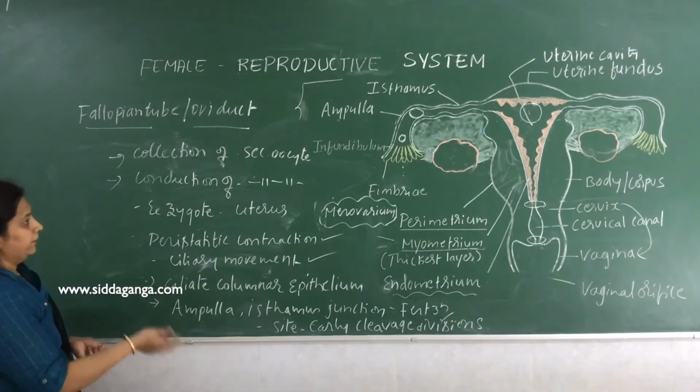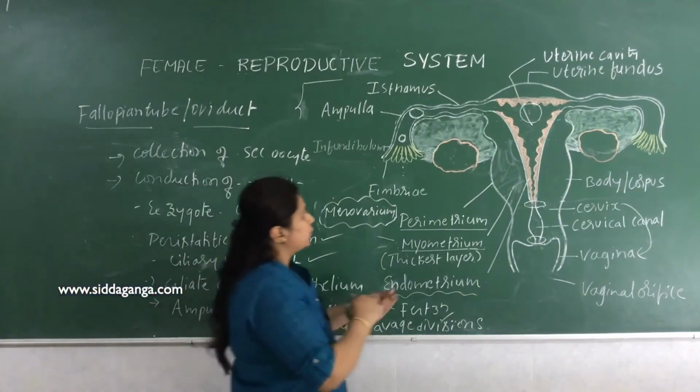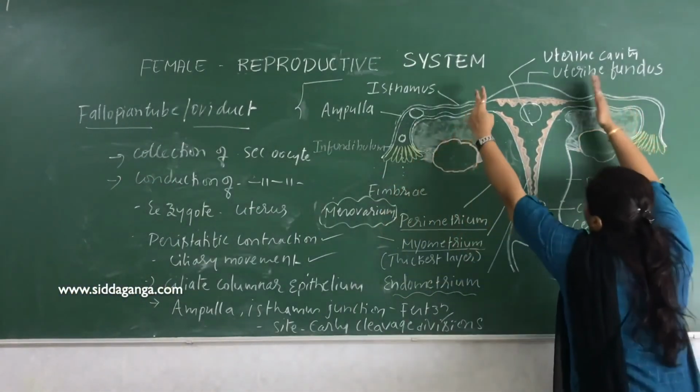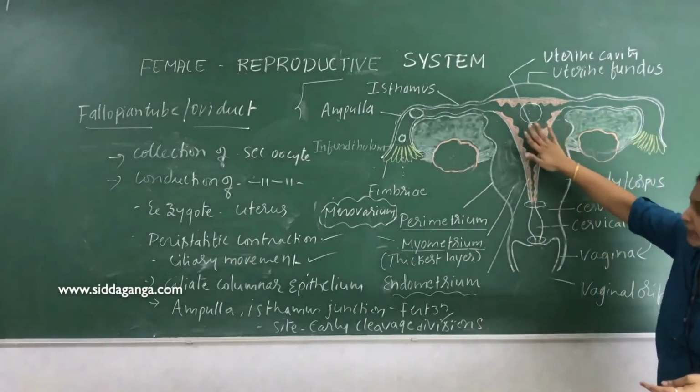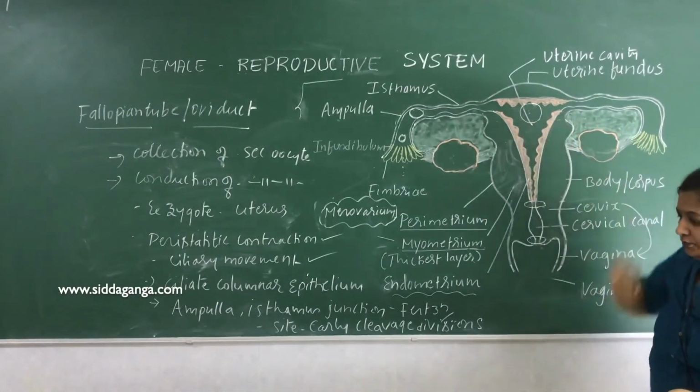Then the two fallopian tubes will open into a highly muscularized, sac-like structure. It is called the uterus.